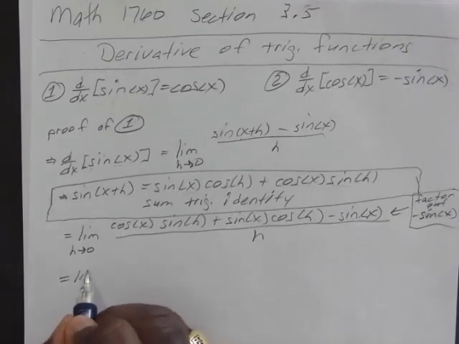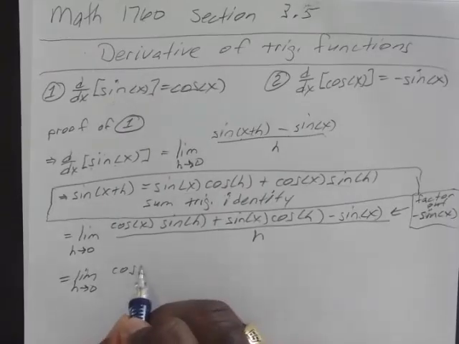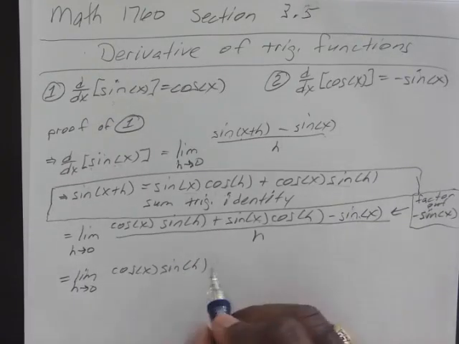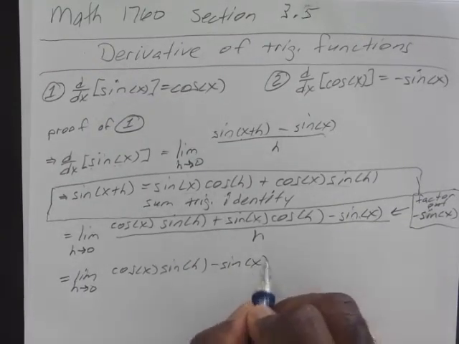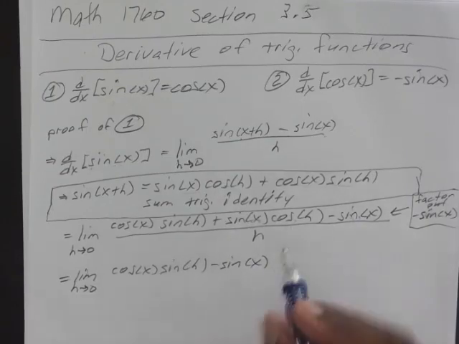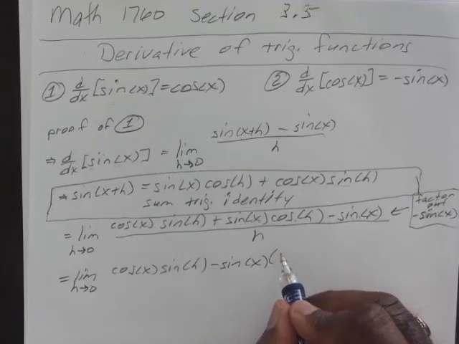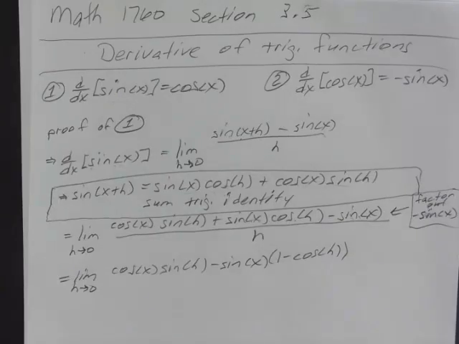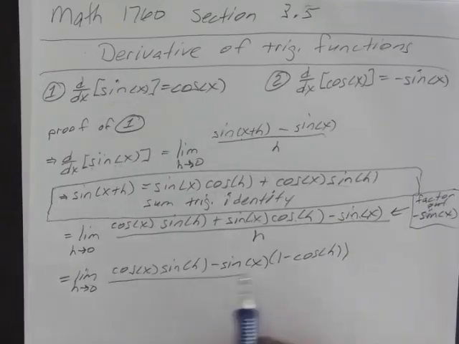That gives us the limit as h approaches 0, cosine of x times sine of h, minus sine of x. And if we factor out this negative sine of x, that turns this into positive 1. If we factor out a negative sine of x here, that's negative cosine of h. So we're just going to flip those around and make it 1 minus cosine of h, all divided by h.